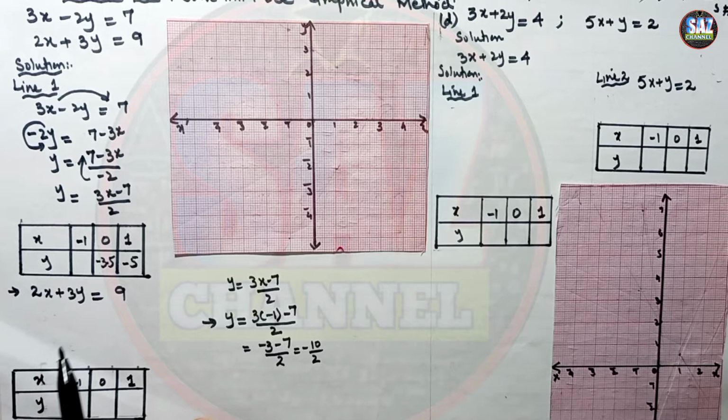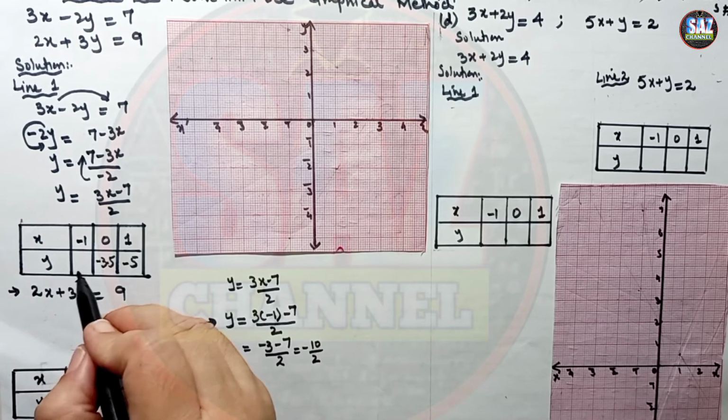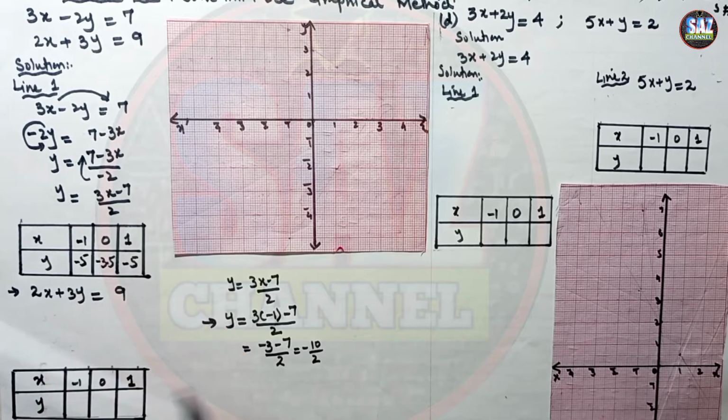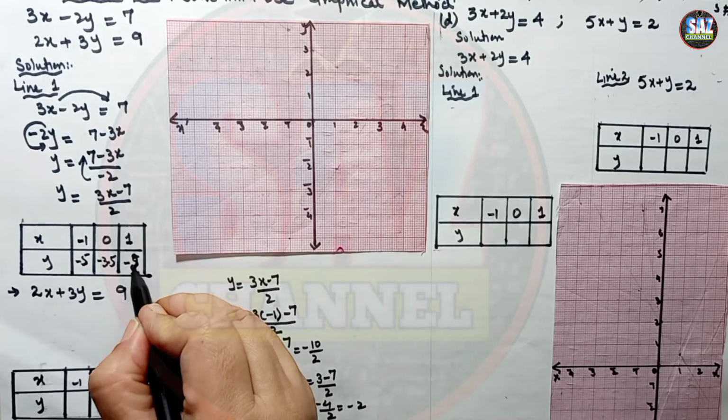And when x is 1, y equals to 3 into 1 minus 7 upon 2. That will give me 3 minus 7 upon 2, that is minus 4 by 2, which is equal to minus 2. So this value will be minus 2.